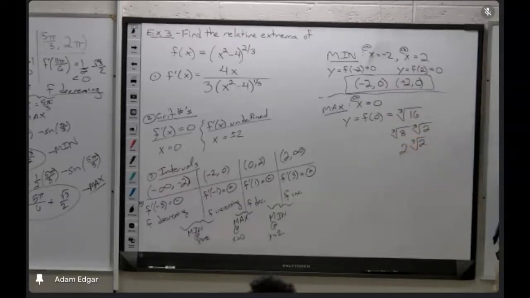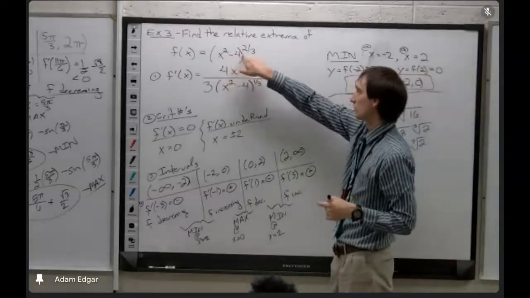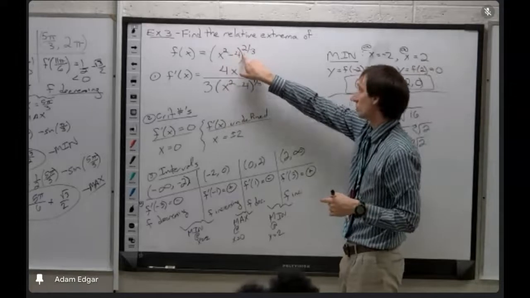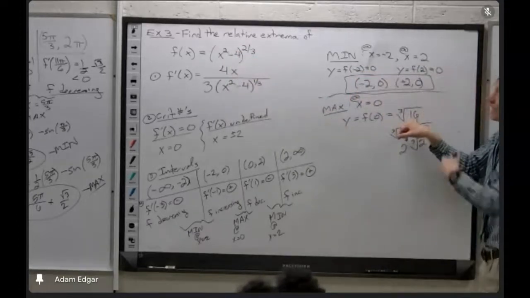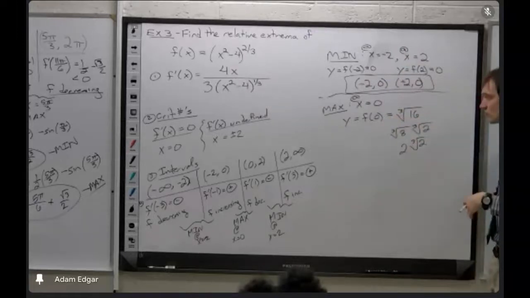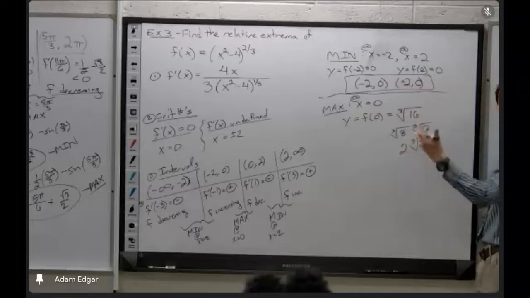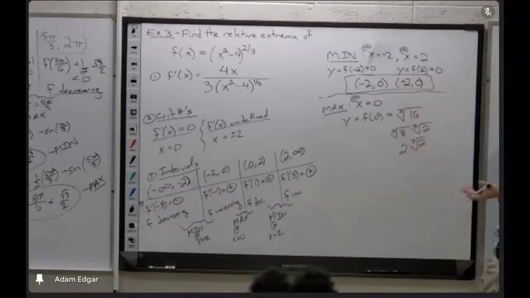So if you plug in 0, you're left with -4 to the 2/3. -4 squared is 16. And the 1/3 power is the same as a cube root. So that's how I was getting the cube root of 16. You could reduce it to that. You could leave it as cube root of 16, and nobody's going to come and burn your house down over it.